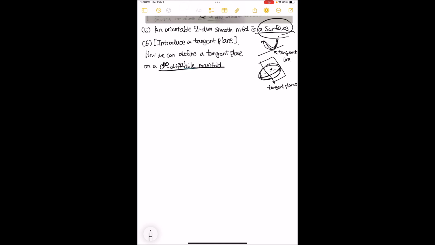As I said, manifolds are like a surface or curve, an abstract existence. A line and surface are visible, but a manifold is so abstract. So we can think about how to transplant the traditional definition to an abstract manifold.